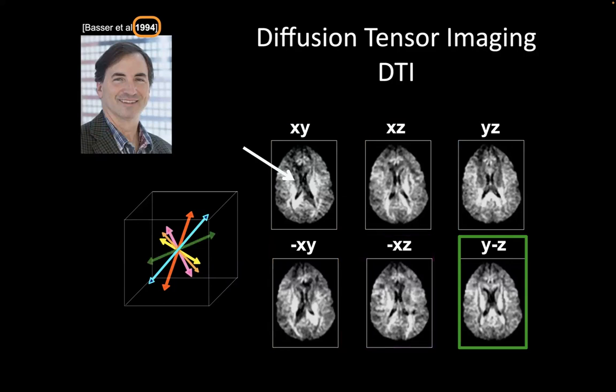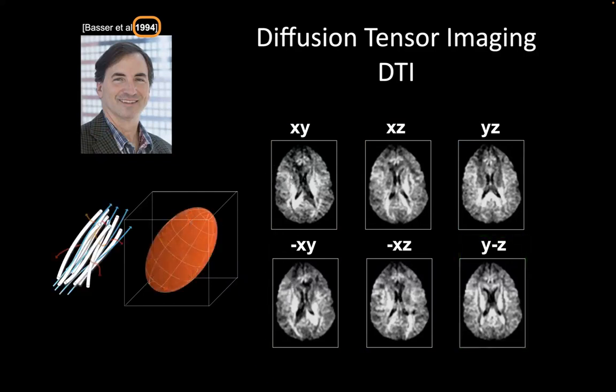I think if I gave you 10 minutes to think about what would require a system to be rotationally invariant, that is to, at every voxel, estimate what is the distribution of water molecules inside a voxel. This is actually a 2D Gaussian with a principal direction, right?